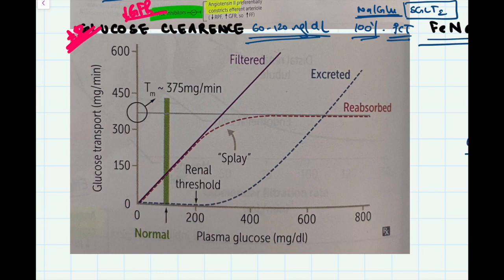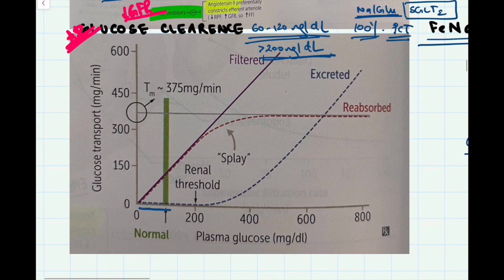If the glucose reaches a value more than 200 milligram per deciliter, that is the cutoff value for diabetes, then the glucose starts appearing in the urine. So here we can see between 0 to 200, glucose is 100% absorbed, and 200 is called the renal threshold, because beyond which it is excreted and appears in the urine in the form of glycosuria.